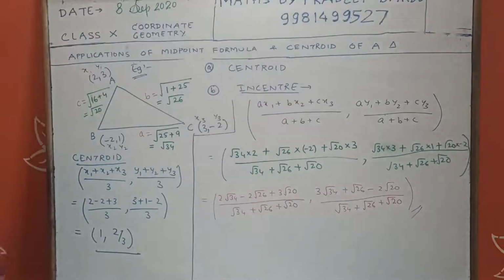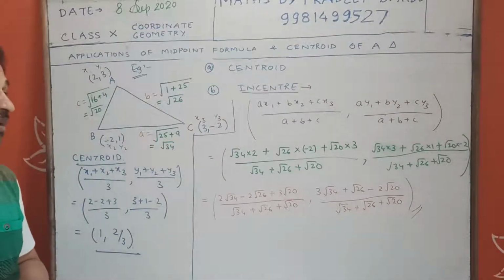These are the coordinates of the incenter of a triangle, which is the point of intersection of angle bisectors of a triangle.